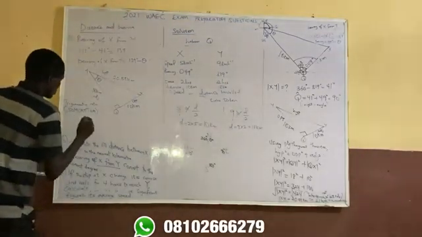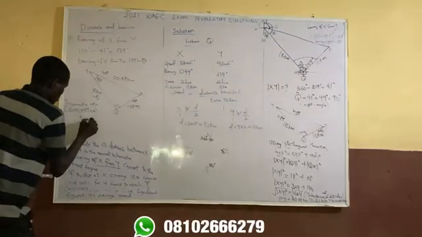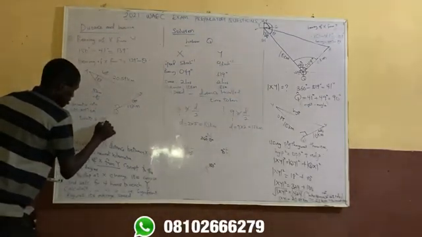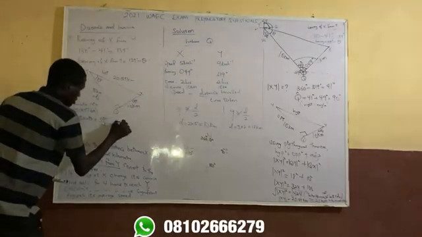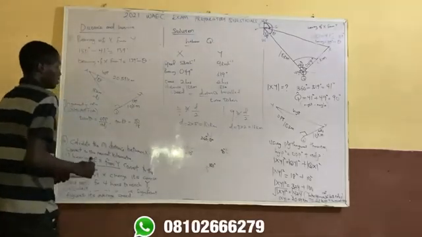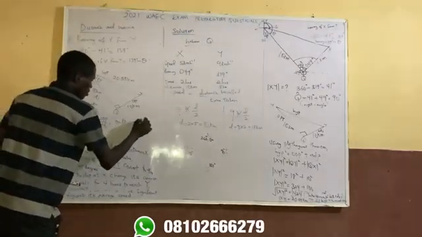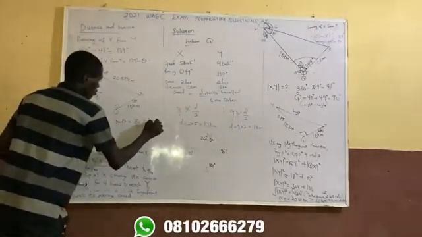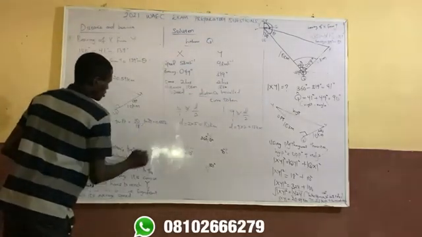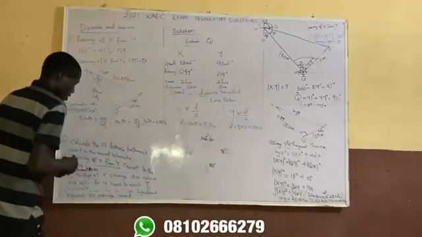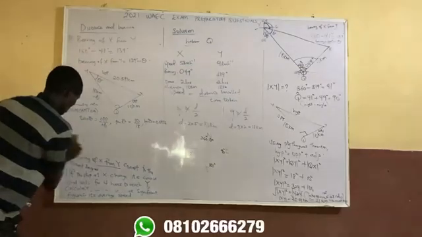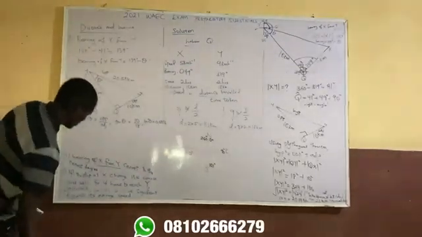So we have tan theta, which is opposite over adjacent, equal to 10 over 18. So tan theta is equal to 0.5556. So you take the tan inverse of both sides.